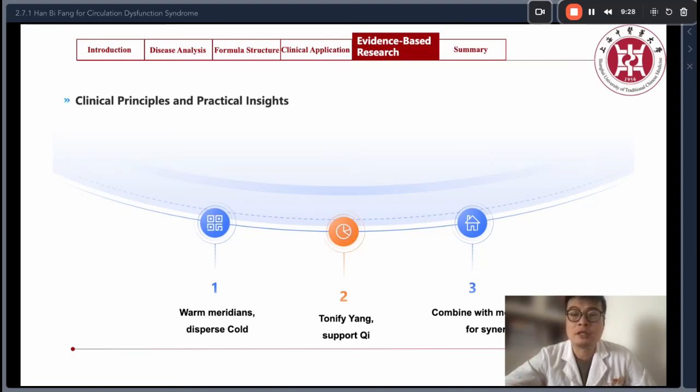For long-standing cases or older patients, emphasize yang tonics like 鹿角胶 and 熟地黄. You can boost effectiveness by combining it with cupping or infrared therapy. It's all about warming the body from within while moving qi and blood.